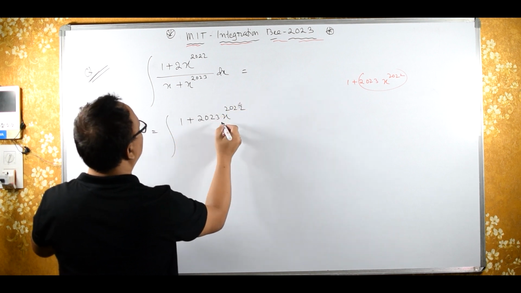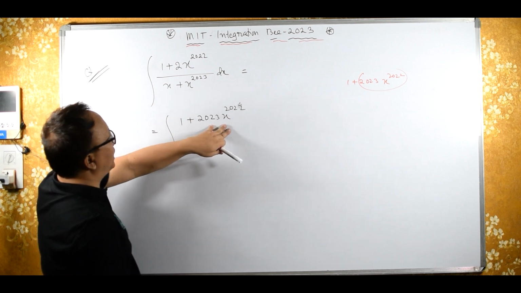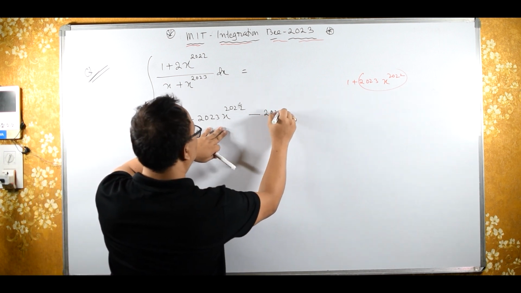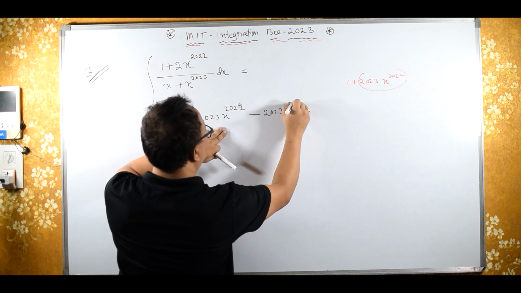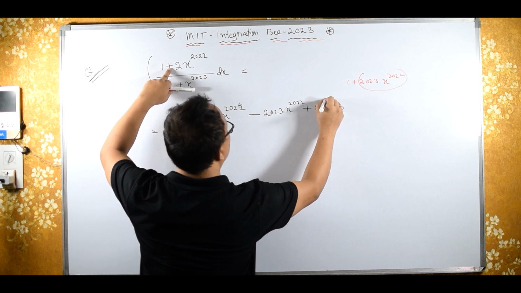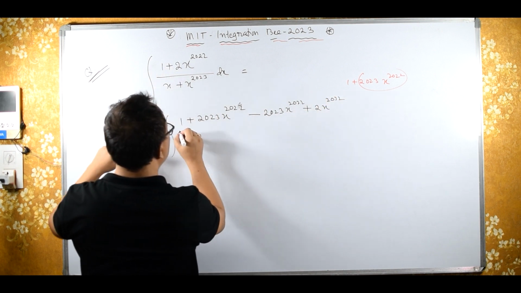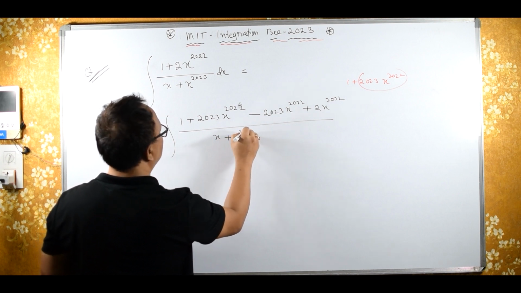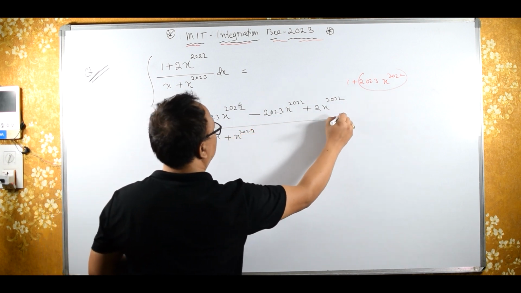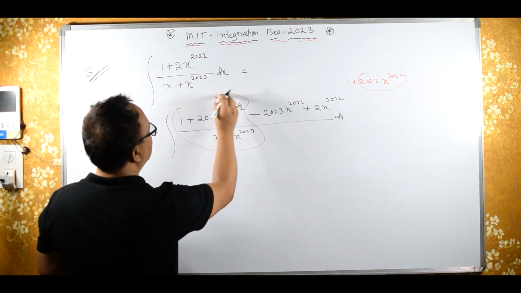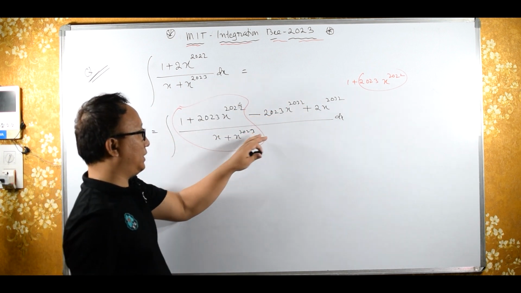Now this is extra, so I am cancelling with 2023 x raised to 2022 and then plus twice x raised to 2022 upon x plus x raised to 2023 dx. Now this equals this upon this and this upon this.